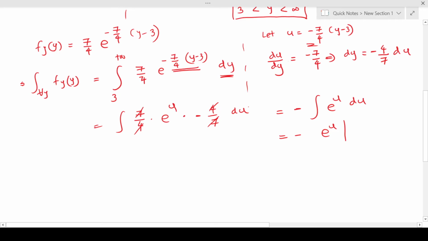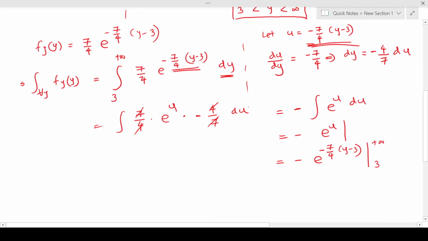Now I'll plug everything back: negative e to the power negative 7 over 4 times (y minus 3), with limits from 3 to positive infinity.